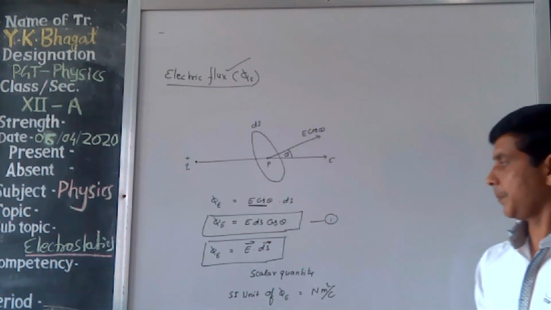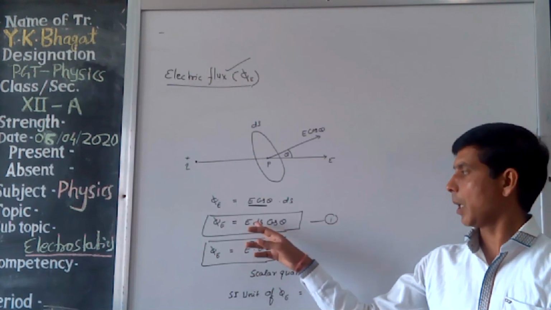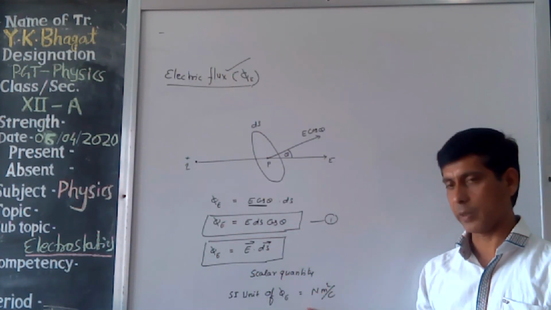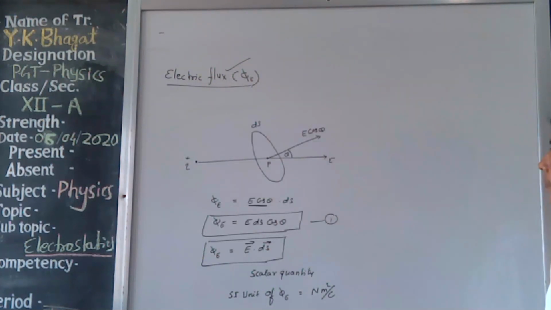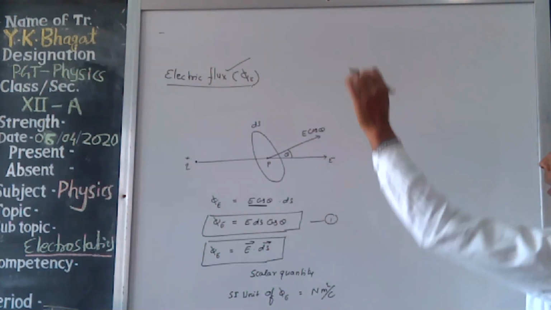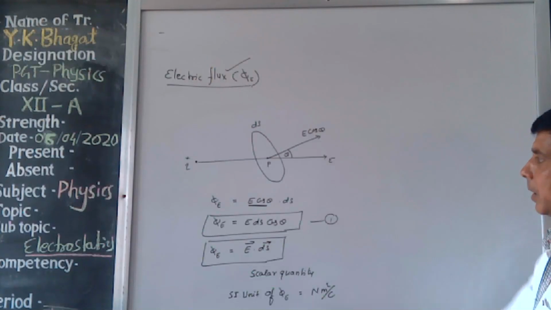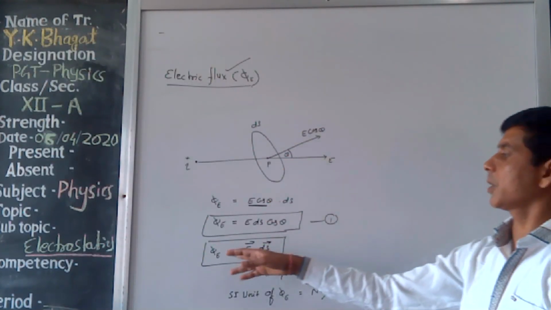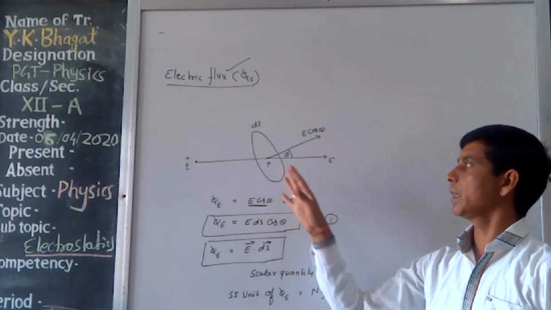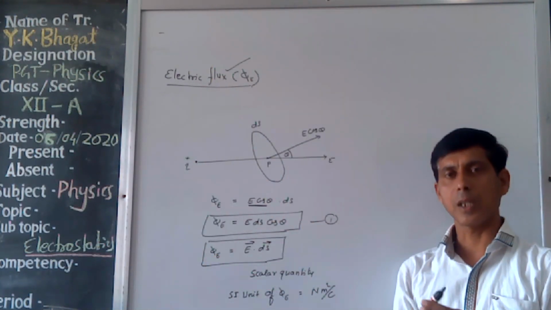Then we obtain the formula for electric flux. It is a scalar quantity and this is its SI unit. Now we can observe two cases of electric flux: what will be the change in electric flux when the area is placed perpendicular or parallel.